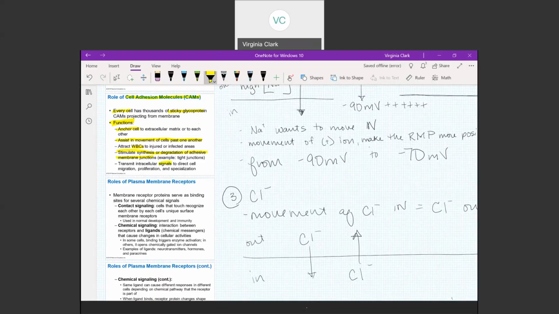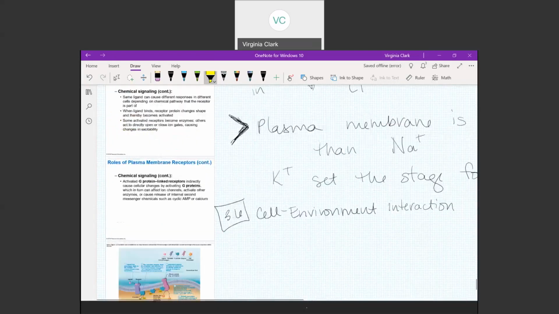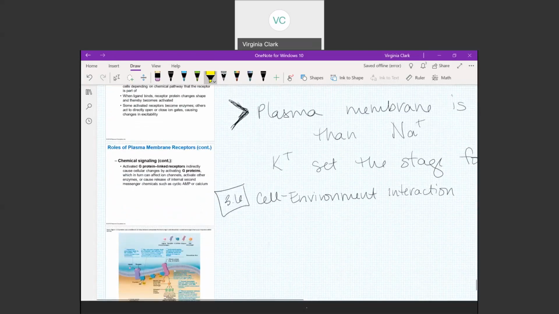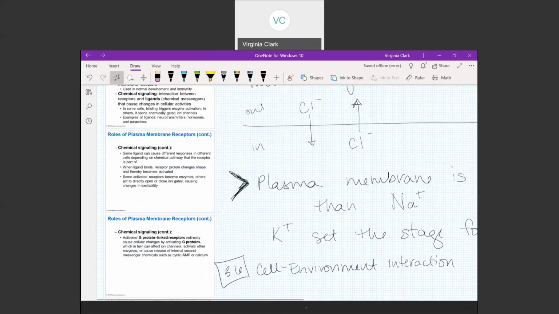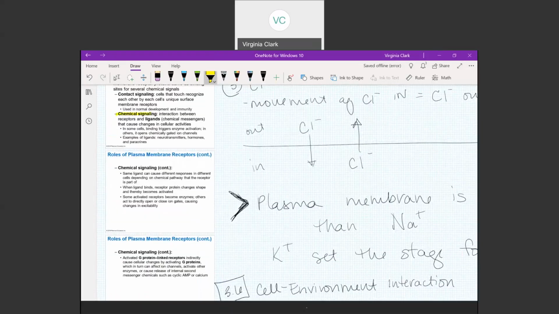When we're talking about these plasma membrane receptors and receptor proteins and signaling, what I really want you to know is that in the world of signaling, this is the concept really for this section. In chemical signaling, it's the interaction between the receptor and the ligand that can change cellular activities.